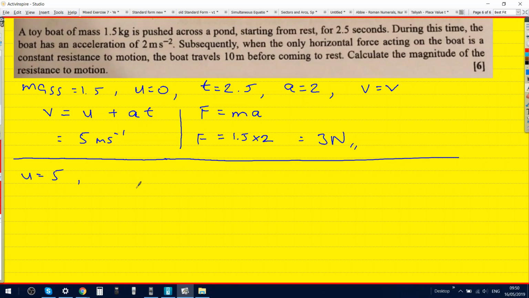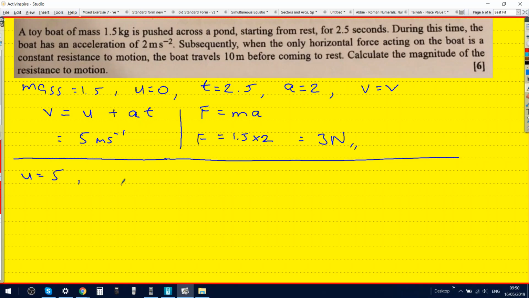Okay, let's see. Subsequently, when the only horizontal force acting on the boat is a constant resistance to motion, the boat travels 10 meters before coming to rest.